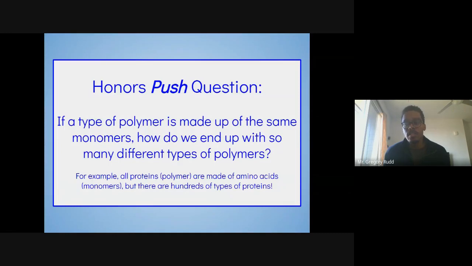But there are hundreds of types of proteins, thousands, millions of types of proteins. So if they're made up of the same things, the same amino acids, how do we end up with so many different proteins? And you could say the same thing for carbohydrates. All carbohydrates are made up of monosaccharides. But how do we end up with so many hundreds of different types of carbohydrates? What do you all think?